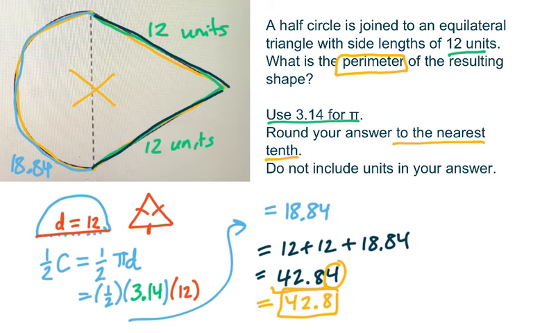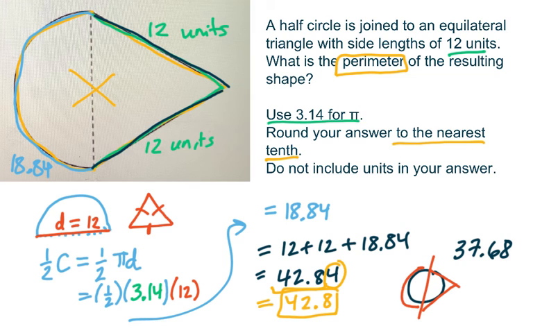If you chose the wrong answer of 37.68, then what you did was you actually found the circumference of the entire circle, but there's a lot of pieces that went wrong. First of all, you didn't realize you only need half of the circle, right? You're only going around half the circle. And you also didn't include the two sides, or the ice cream cone part of this.